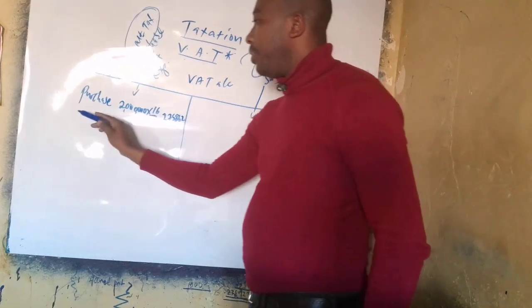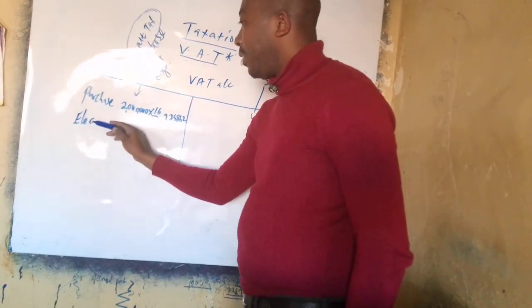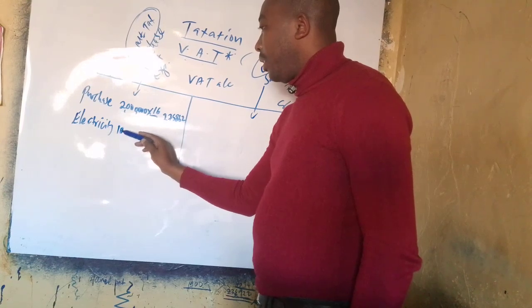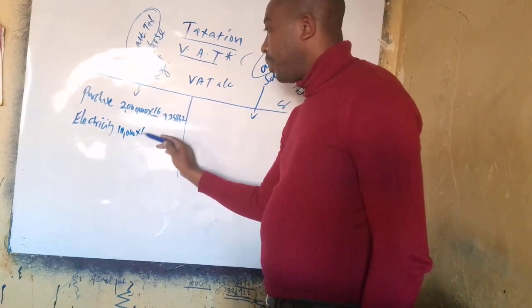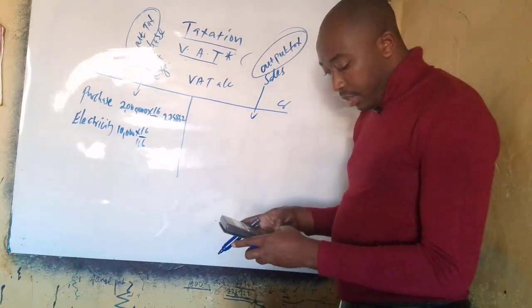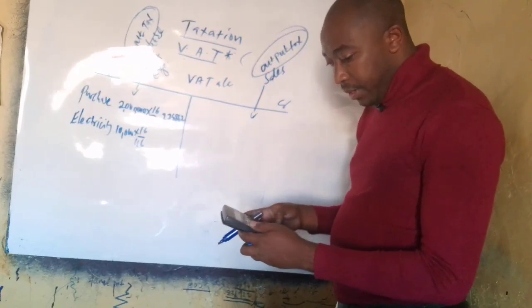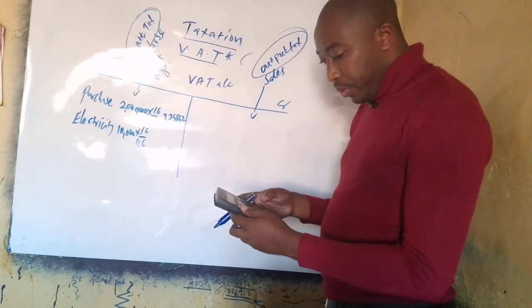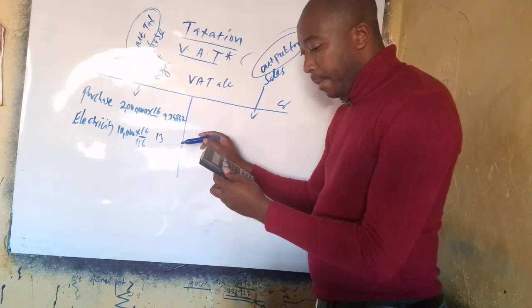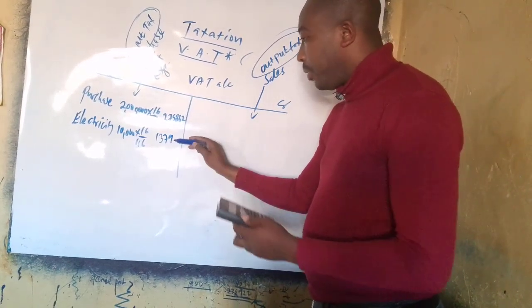On another date, we paid an electricity bill. Because that is an expense, I come and record on this side electricity, let's say, worth 10,000. VAT on that is 10,000 times 16 over 116. We get 1,379.31.